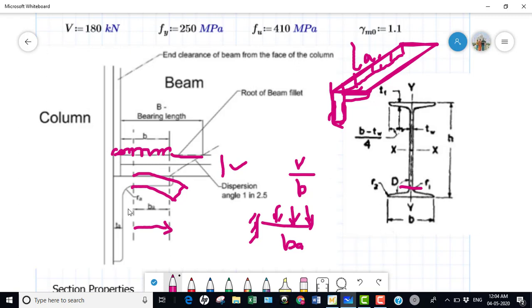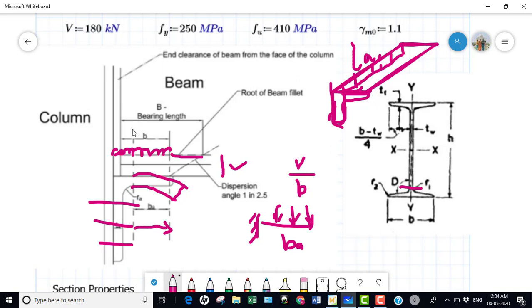The next component will be the group of bolts going to transfer the shear from the seat angle to the column. Here, since the shear force is larger, you may have more than one row of bolts. Therefore, you adopt an unequal angle, with the longer leg used to accommodate more than one row of bolts. The bolts are estimated by knowing the load coming on the seat angle and the capacity of one bolt.